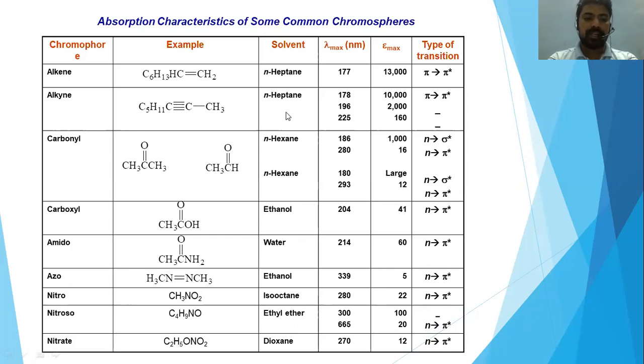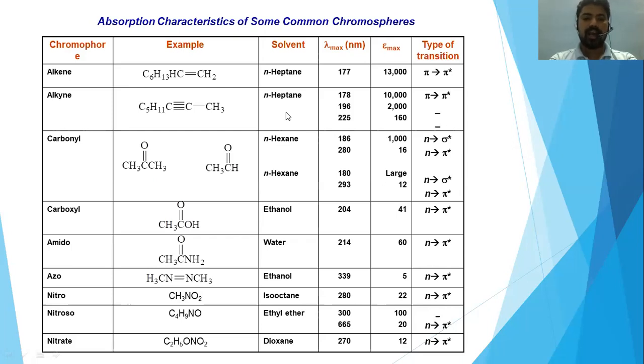And carbonyl compounds are very important functional groups which can be identified. The basic information regarding the presence of carbonyl compounds in a molecule can be identified through ultraviolet and visible spectroscopy. Carbonyl compounds are again classified into two categories that we already know, ketones and aldehydes.